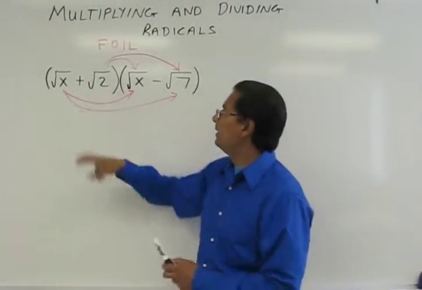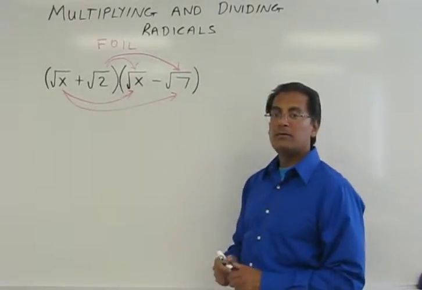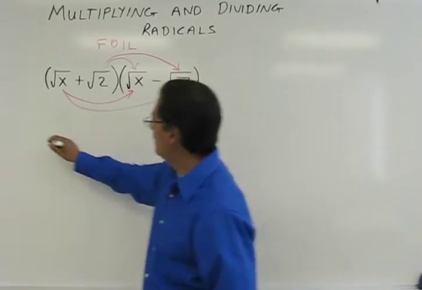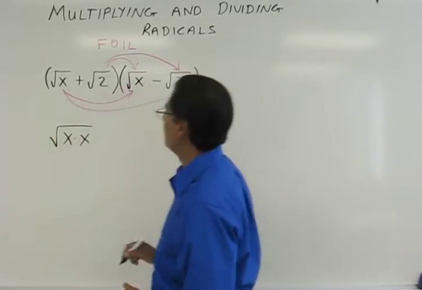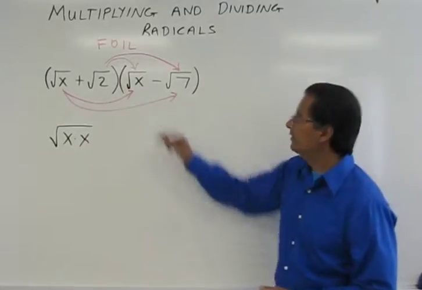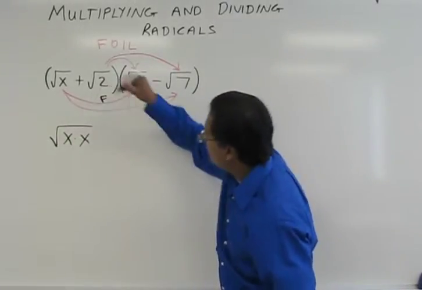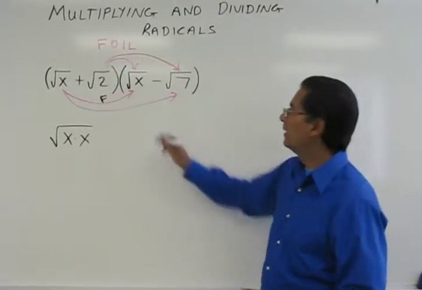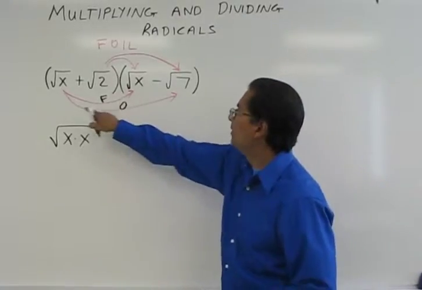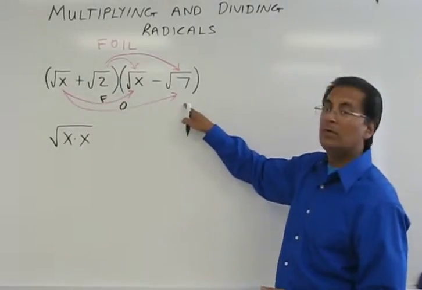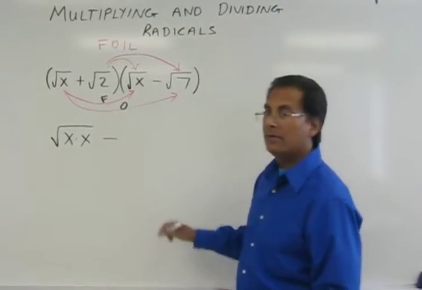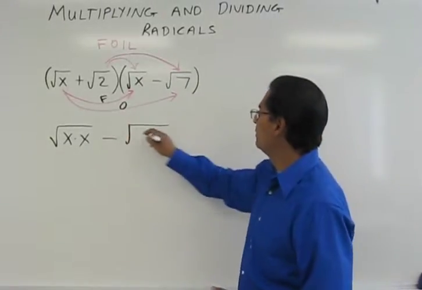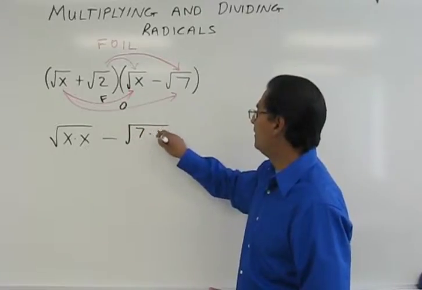So first would be root x times root x. Root x times root x gives me root x times x. That's first. Outer is going to be this one here, root x times negative root 7. So we'll have a negative, and then root 7 times x.